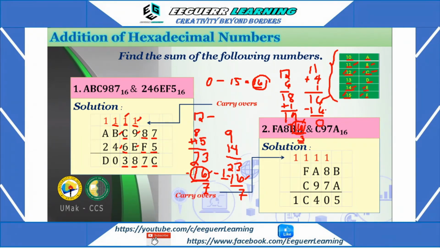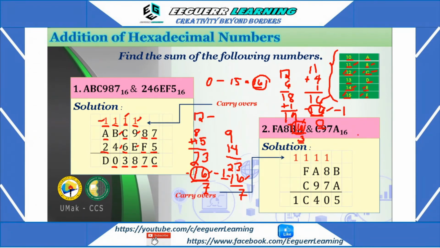Our answer will be subtracted by hexa, which is 16, and that gives us 0, and we place 0 here, since we meet the whole cycle of hexa. So this will be represented as a carry of 1, and we continue adding A plus 2 plus 1.